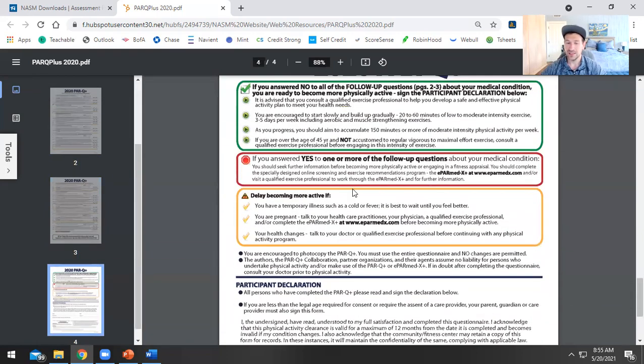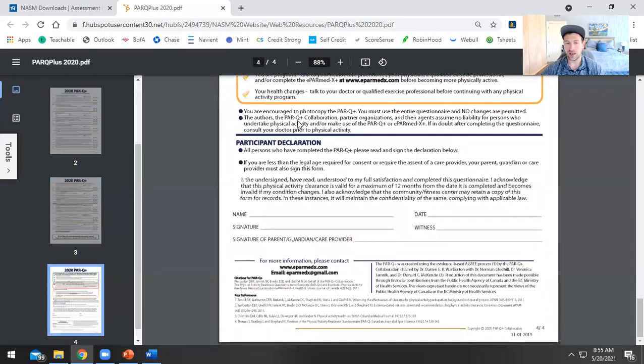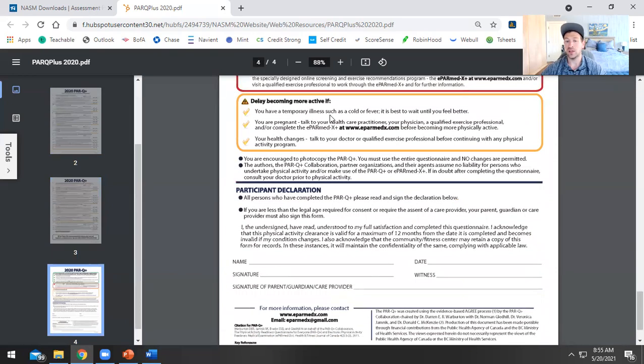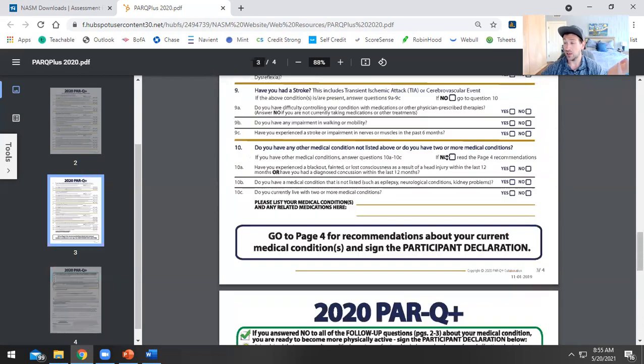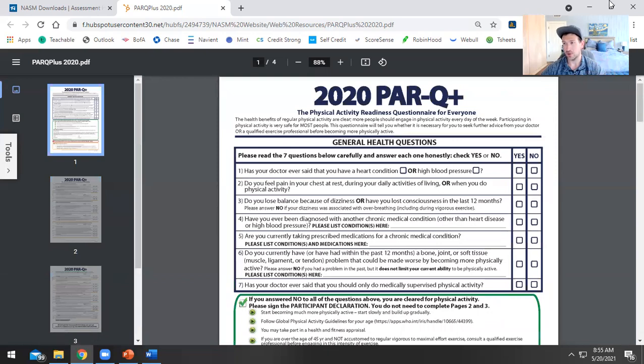And then you work your way down and you say, all right, if you actually do have permission from your doctor, you're going to sign this participation declaration, which is basically going to say, hey, I understand that exercise is an elevated amount of stress on my body, and I am agreeing to participate in this exercise program.